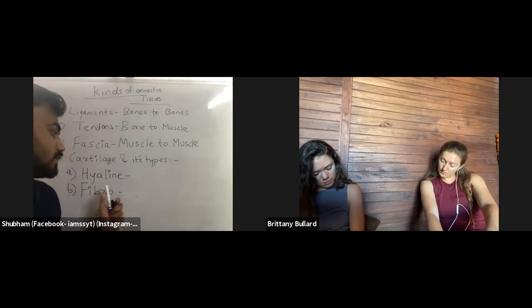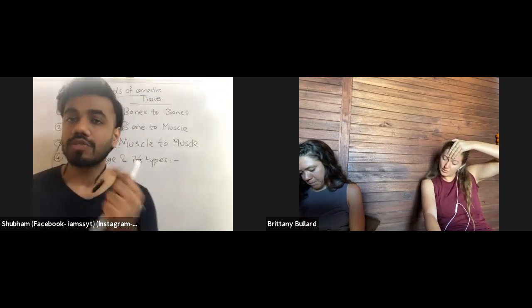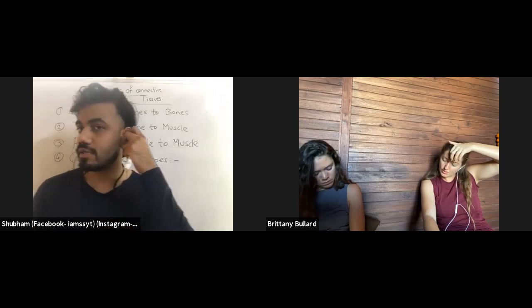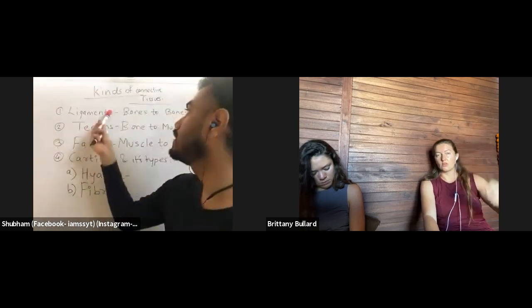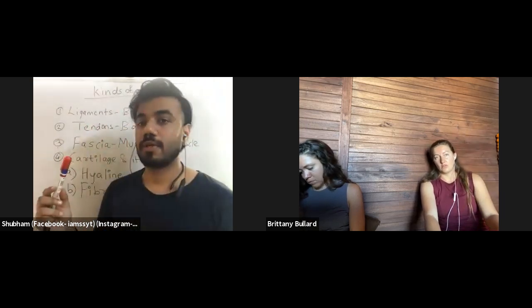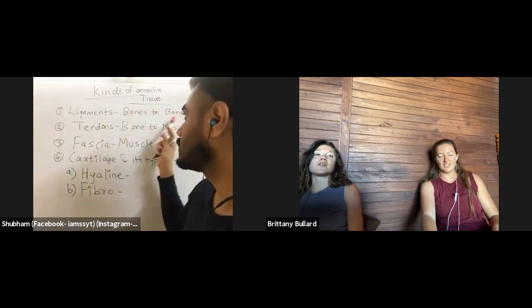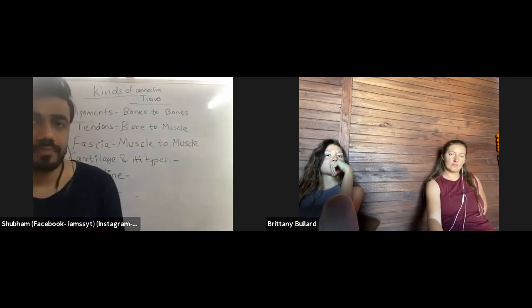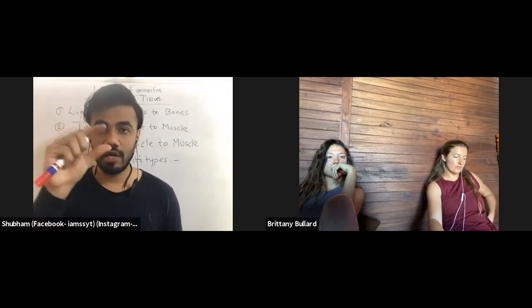This cartilage is mostly present in between our vertebrae and in our ligaments, where our bones connect to bones, as well as in between our vertebral column, where each vertebra is connected.